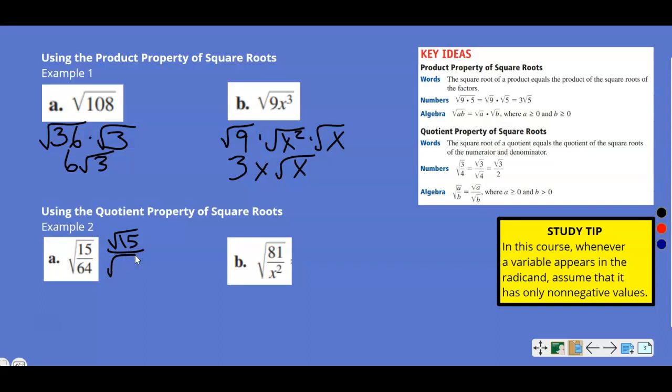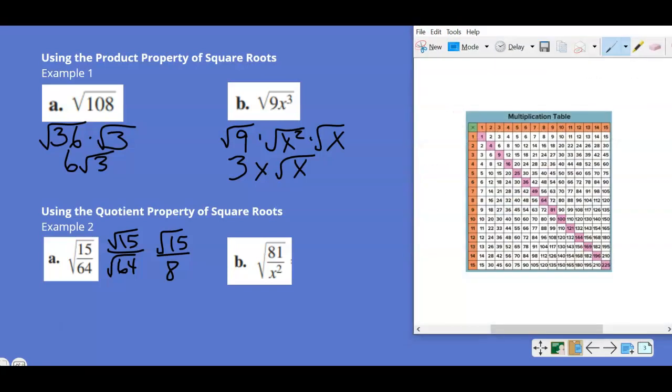All right, so I've got the square root of 15 over the square root of 64. The square root of 15 is just going to stay the square root of 15, and the square root of 64 is going to become 8. 8 times 8, again, is 64, so it's a perfect square. All right, part B says the square root of 81 over the square root of x squared. Again, you can look at the reference chart if you need to.